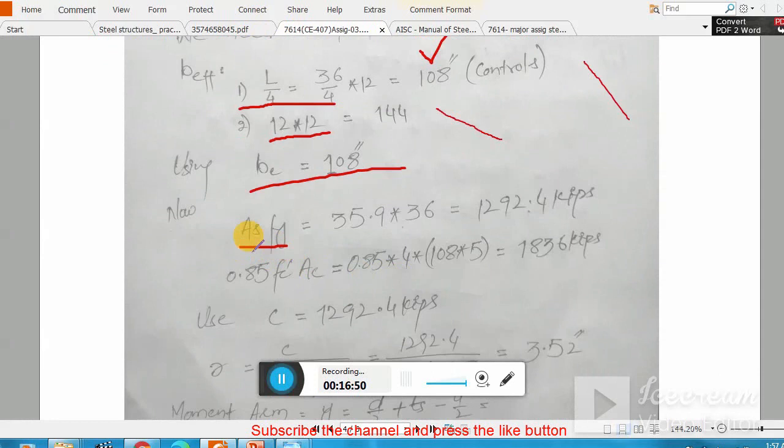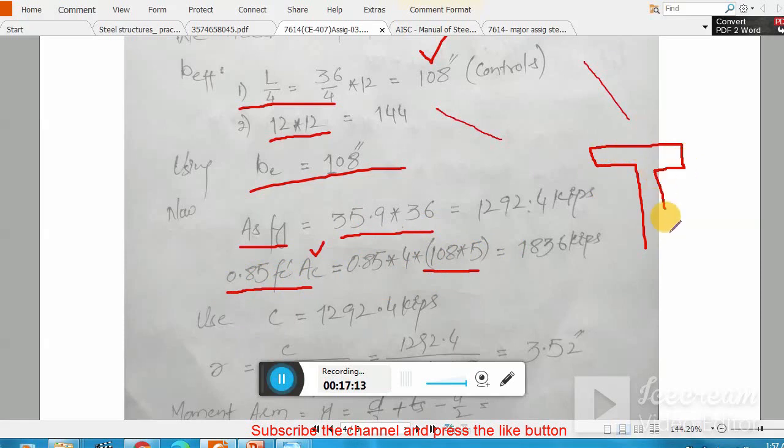You have to find out your steel strength, As Fy, and that is simple. You have to find out your concrete strength, so that is Ac fc prime, and remember Ac is 108 times 5. Remember Ac is the area of concrete, which is just over the beam section. This is our beam section, and now you see this is our concrete section.